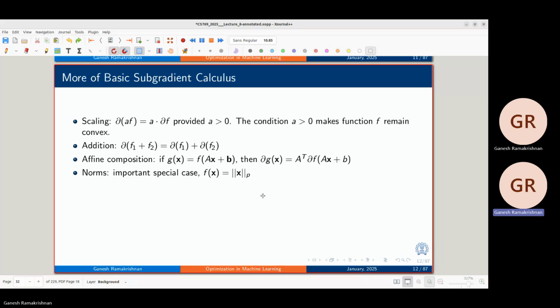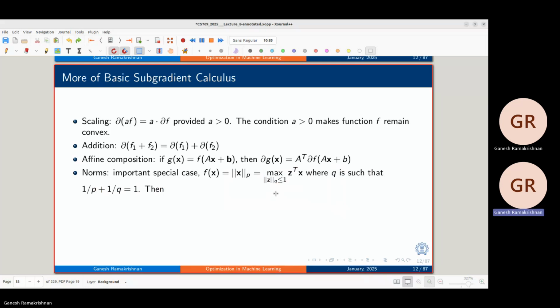Okay. So the special case is when you have the P norm. Since we won't be doing the proof here, only the intuition, we'll go a little faster. It turns out that there's an interesting way you can write down the P norm. The P norm is nothing but the max over all possible Zs whose Q norm is less than or equal to 1 of Z transpose X. So you look at this, right?